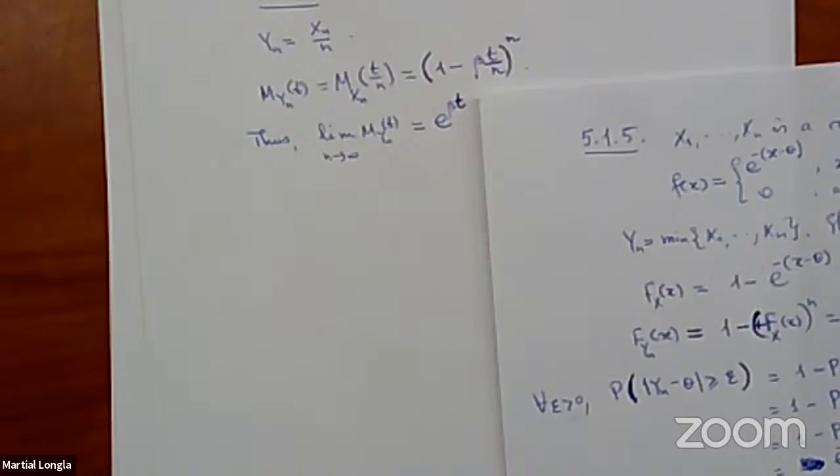Characteristic function? Indicator function. So here it is like an indicator function. Why the indicator function?